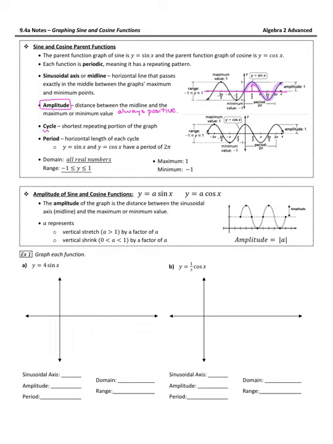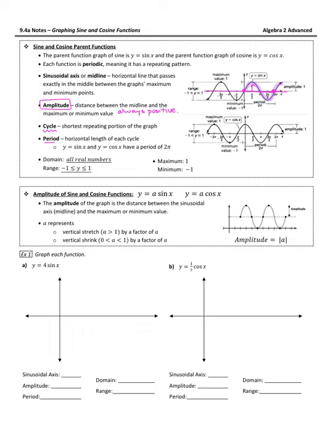The period is the distance it takes to complete one cycle. The cycle is when it starts to repeat. So if I'm starting here at 0, I go until I hit 0 again. That would be the end of my cycle, and then the cycle repeats.